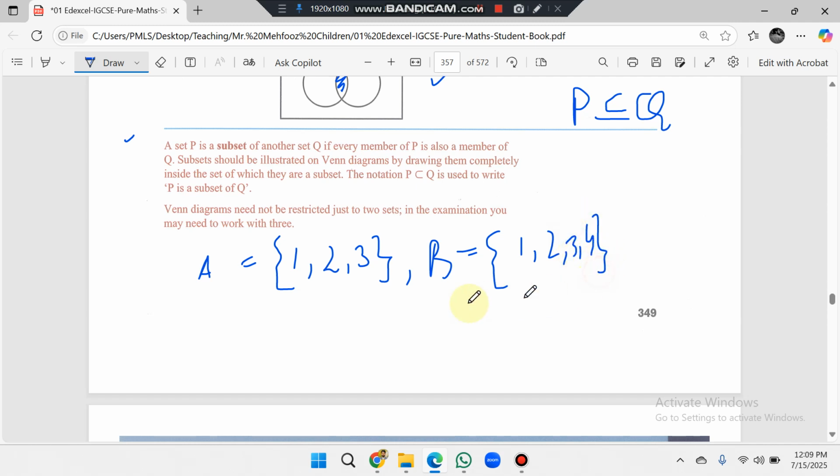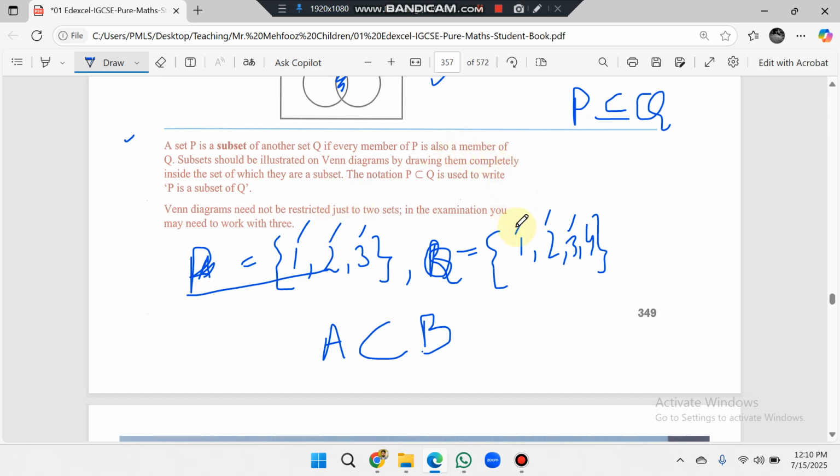So these are two sets. If A is a subset of B, it means that every element of A is contained in B. Again, if I write the sets' names as P and Q, then you can easily understand. A set P is a subset of Q if every member of P is also a member of Q.